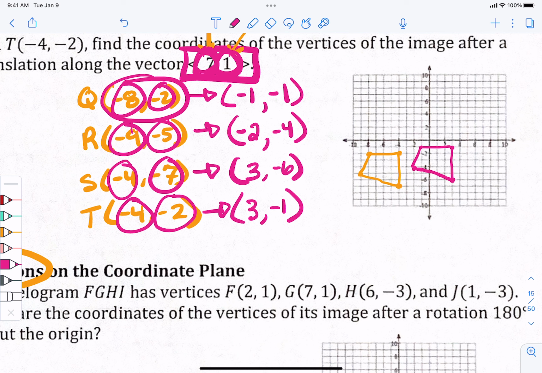Okay, this last part is maybe the toughest part. I don't know. Rotations are kind of weird. Are we ready for rotations? No, not yet. Wait, what? Oh, 3, negative 1.